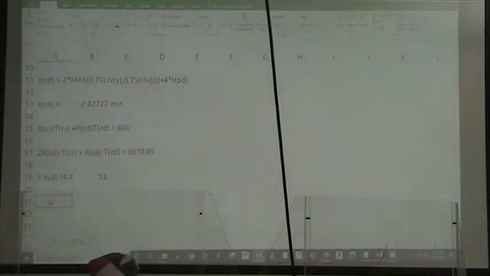So RCD equals our 51 divided by these added together times 3.